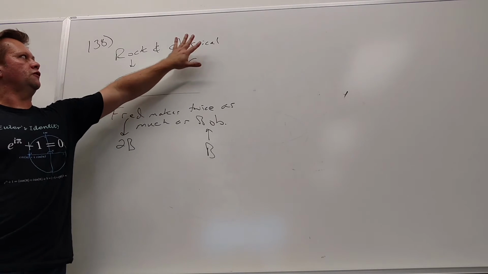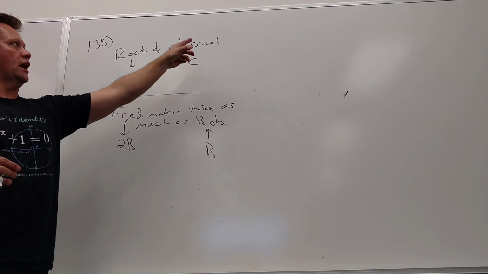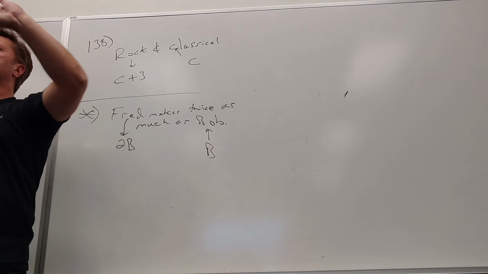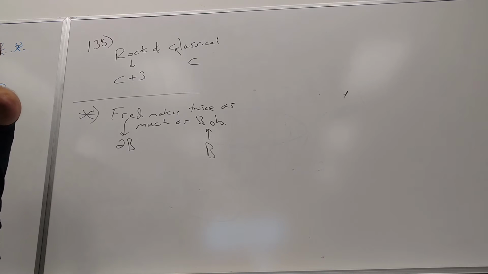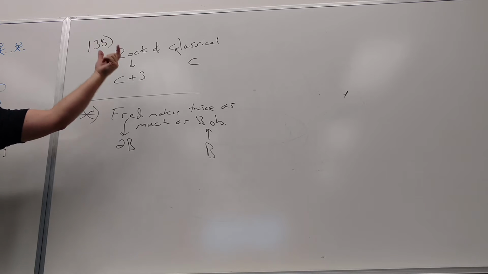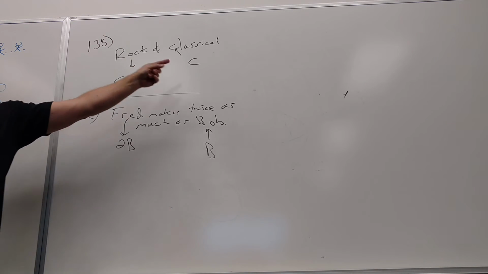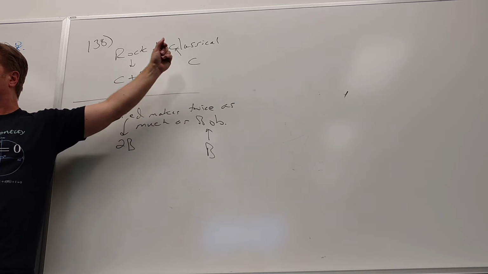If I told you there's 3 more rock CDs in classical, there's 5 classical CDs. How many rock CDs are there? 8. We just know if there's 3 more rock CDs and there's 5 classical, there must be 8. Isn't that what this would say? 5 plus 3 is 8? Yeah. So algebra is an attempt to generalize what you do once you actually know what this number is.